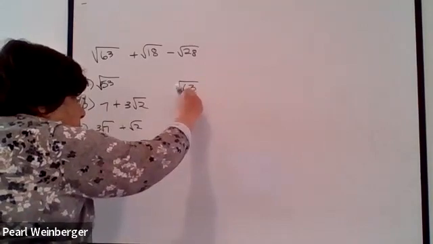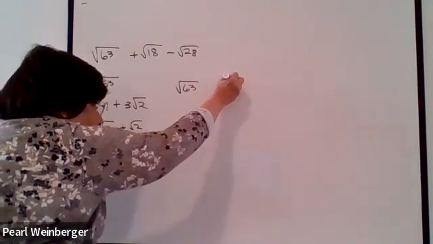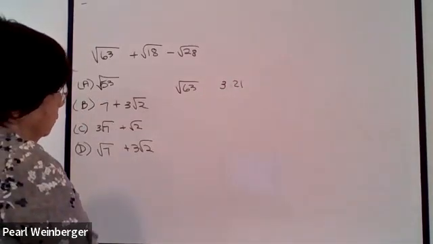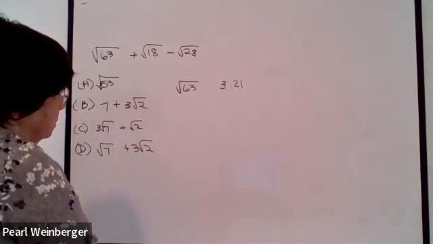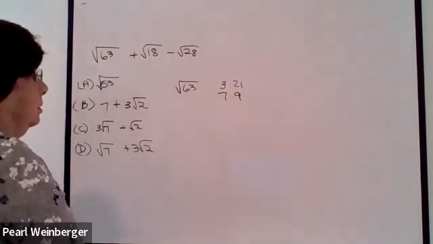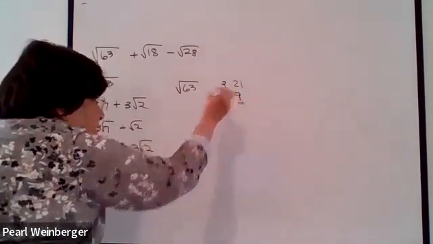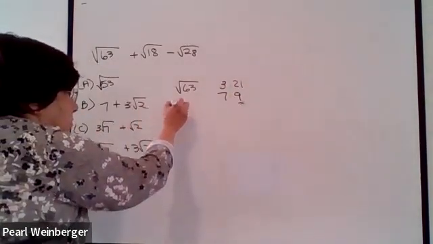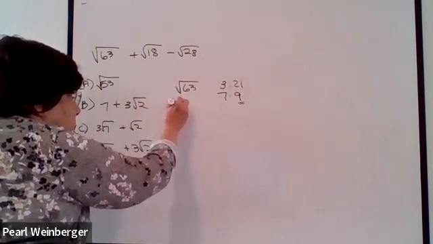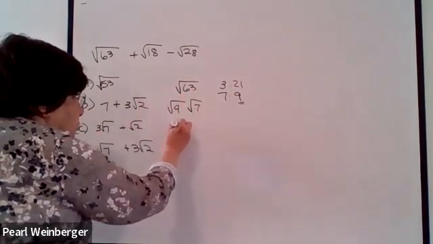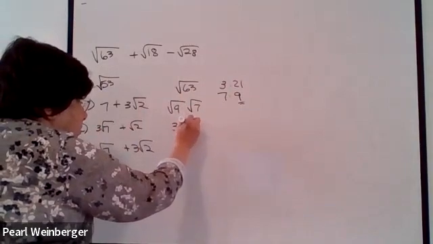Well, 3 times 21 works, but neither of those are a perfect square. 7 times 9 works. I think those are the only two combinations, and obviously this is the good combination. The square root of 63 will break up into the square root of 9 and the square root of 7, which will give us 3 radical 7.